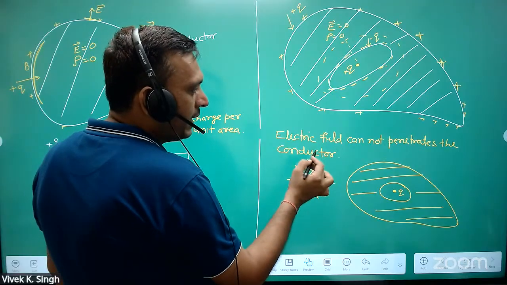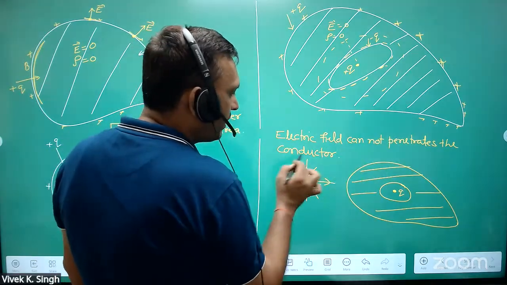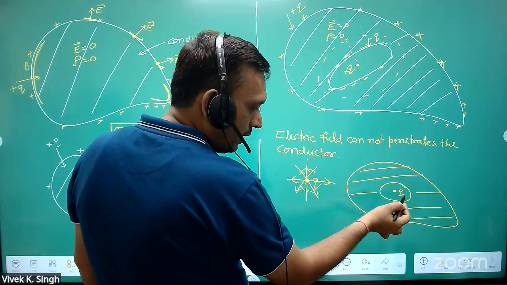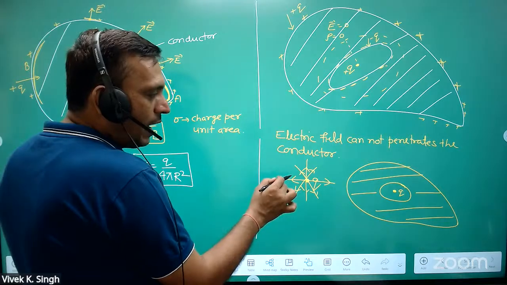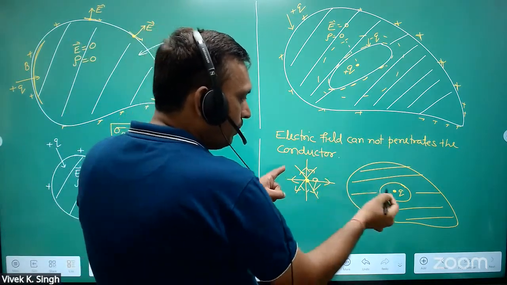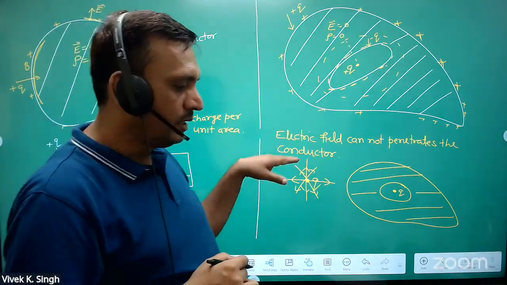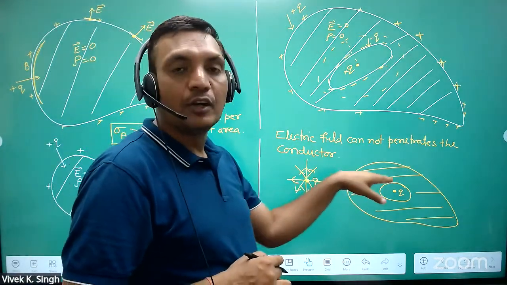That's why we say that electric field cannot penetrate the conductor. If there is a charge inside the cavity and a charge Q outside this conductor, the outside charge will not affect the charge inside the cavity, because the electric field cannot penetrate the conductor.